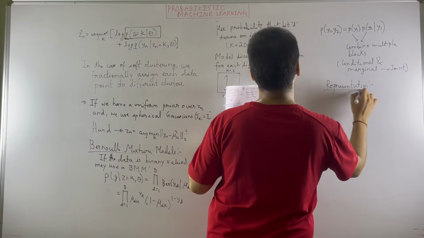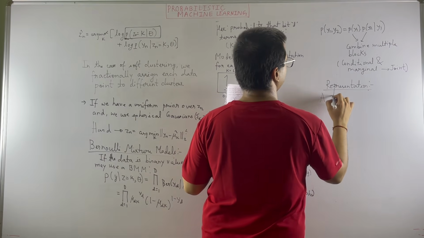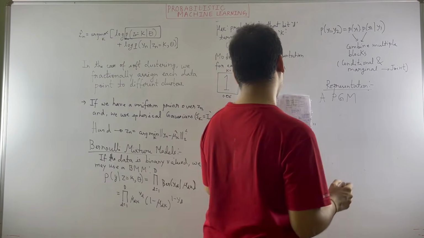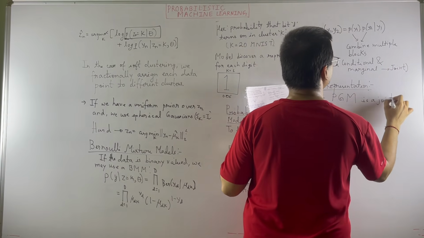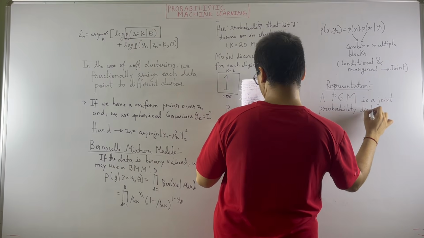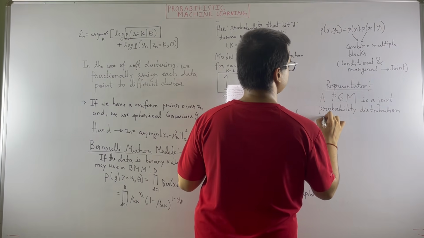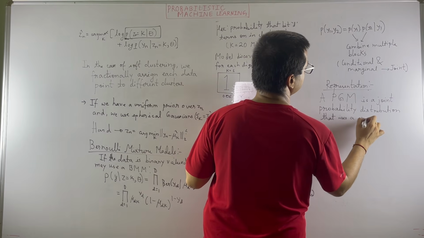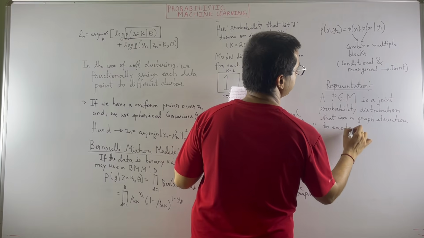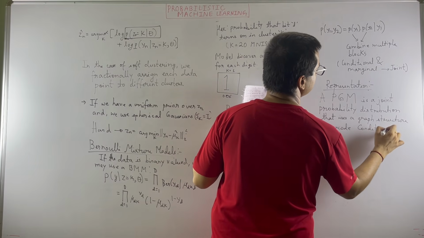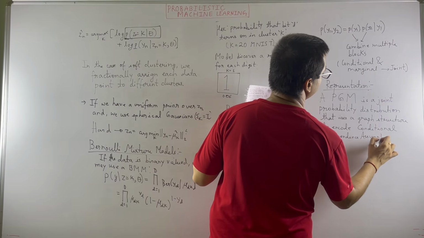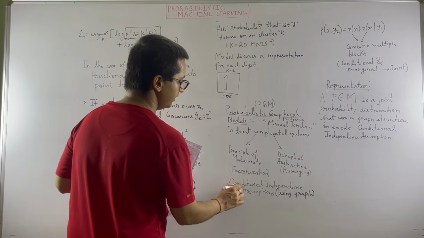A probabilistic graphical model, a PGM, is a joint probability distribution that uses a graph structure to encode conditional independence assumptions.